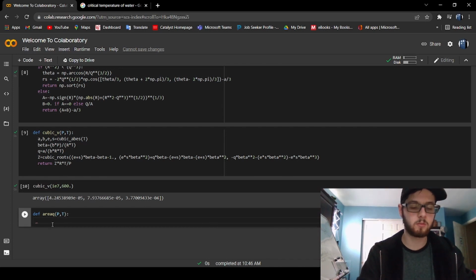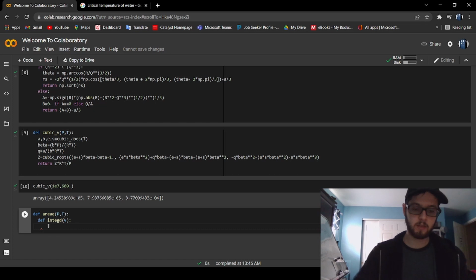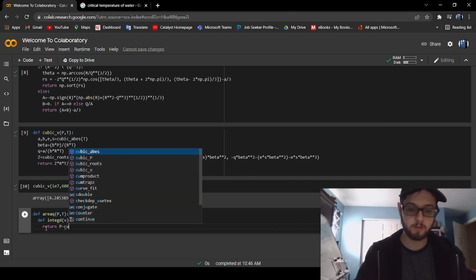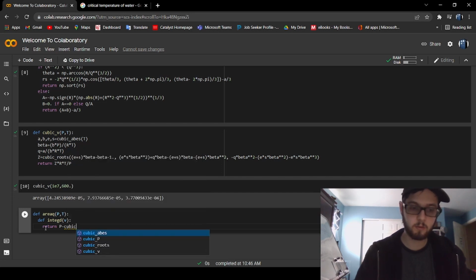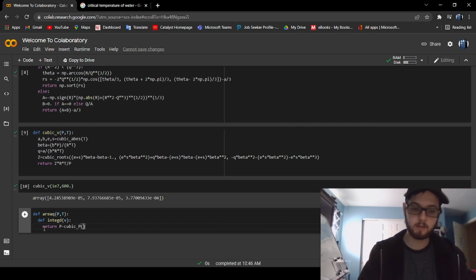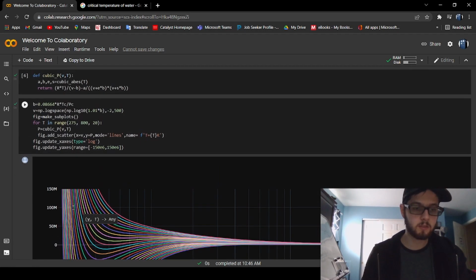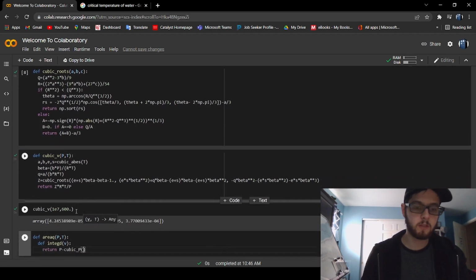Once we do that, we want to define an integrand, and we want that to return our pressure minus our cubic pressure that we had earlier, cubic_P, with respect to V and T.